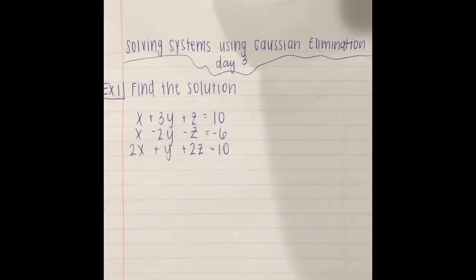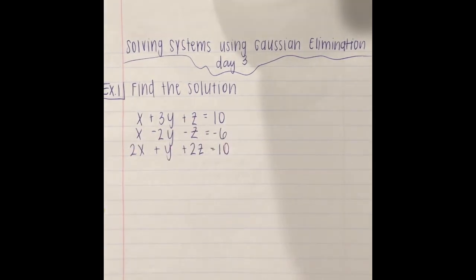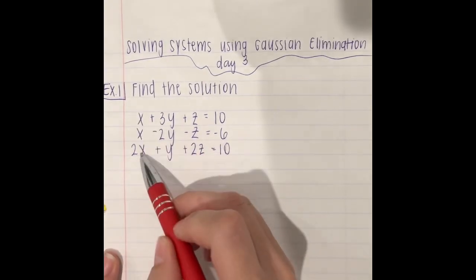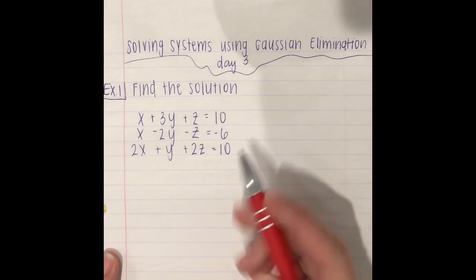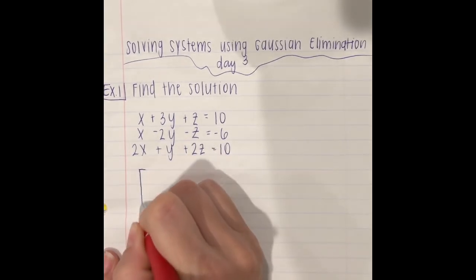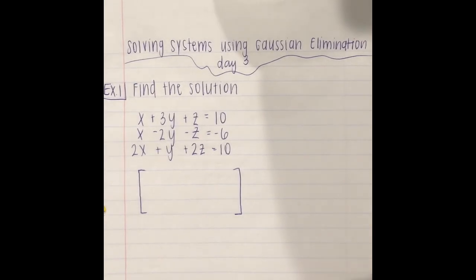Okay, so just like yesterday, the first thing we need to do is rewrite this system into a matrix using just the numbers. We have 3 rows and 4 columns, so our 3 by 4 matrix is going to look like this.